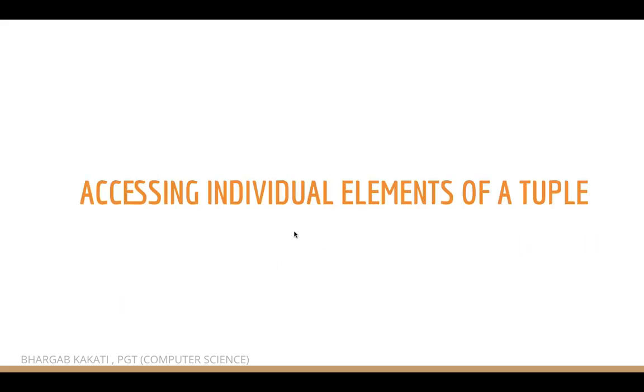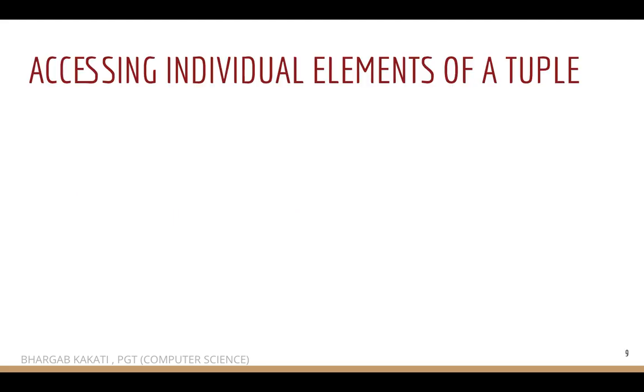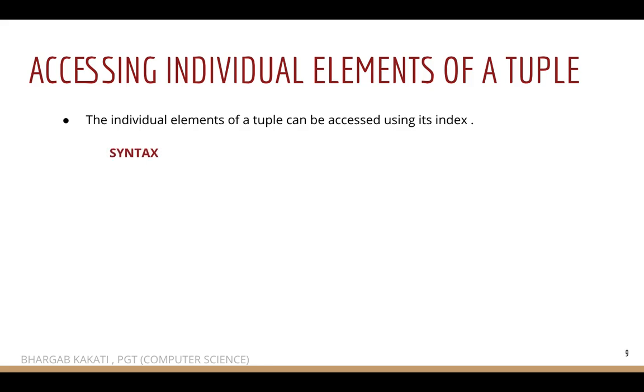Now, if I want to access the individual elements of a tuple, let us see how we can do that. The next topic is accessing individual elements of a tuple. The individual elements of a tuple can be accessed using their index. What is the syntax? I just have to give the tuple name and then within the square brackets I need to place the index.